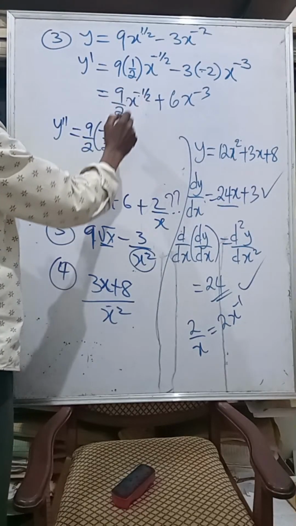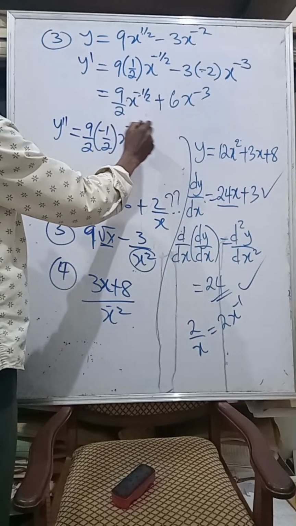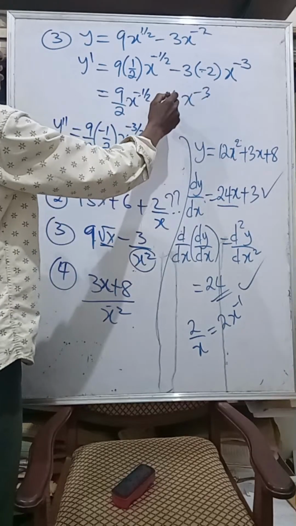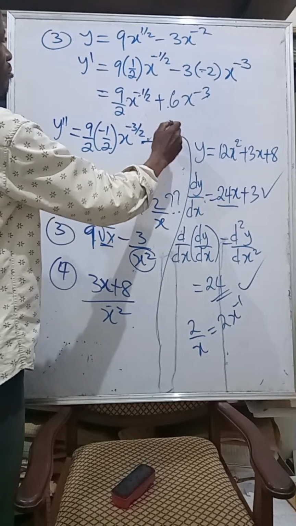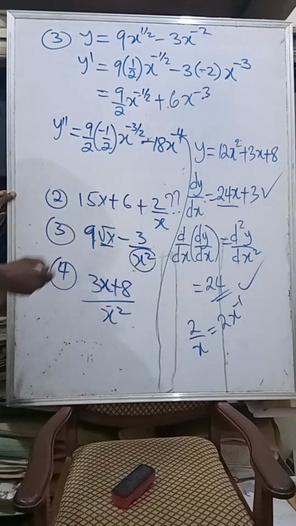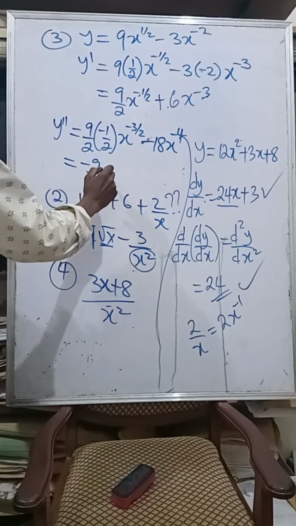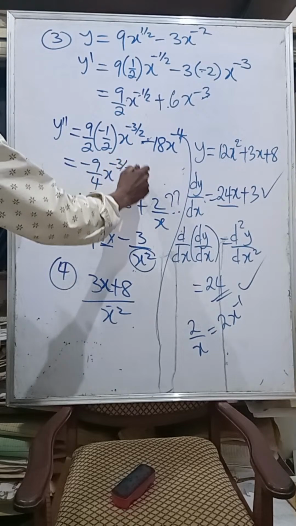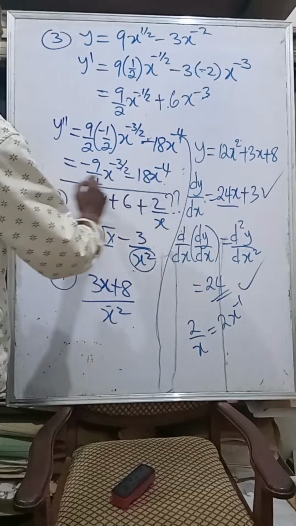The power will go to the front, and then the power minus 1, that's minus 3 over 2. Plus minus 3 times 6, making minus 18, x to the power minus 4, minus 3 minus 1. And that will be equal to minus 9 over 4 times x to the power 3 over 2, minus 18 over x to the power minus 4. And that's that.